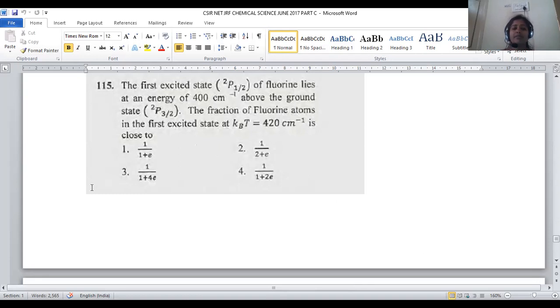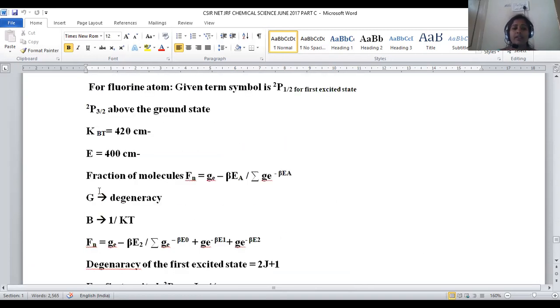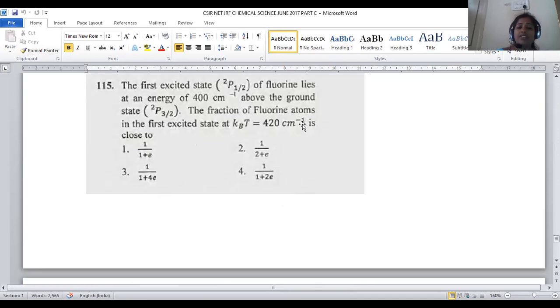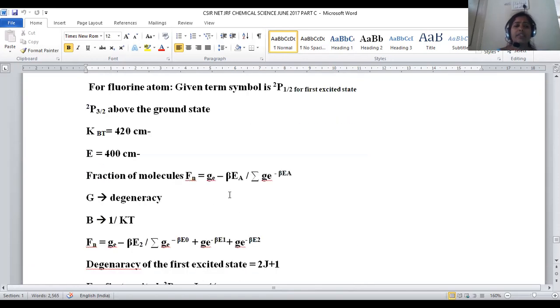For that purpose, we have the formula. What is the formula? Fraction of molecules Fn is equal to g e to the power minus beta Ea divided by the sum of g e to the power minus beta E. So this will be the formula. If we substitute values in this formula, it is very clear what fraction of fluorine atoms are present in the first excited state level, right?